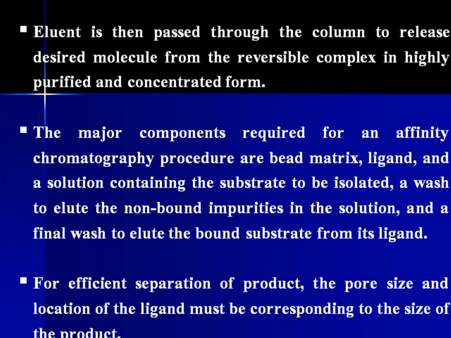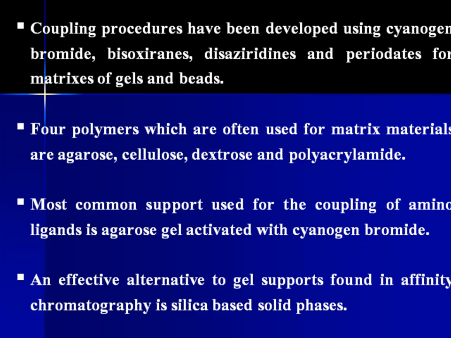For efficient separation of product, the pore size and location of the ligand must correspond to the size of the product. Coupling procedures have been developed using cyanogen bromide and related compounds for matrices of gels and beads. Four polymers which are often used for matrix materials are agarose, cellulose, dextran, and polyacrylamide.